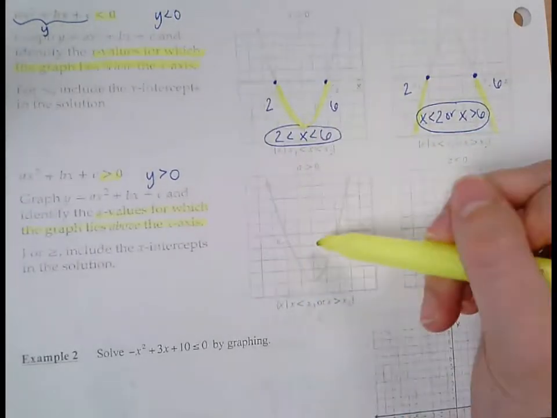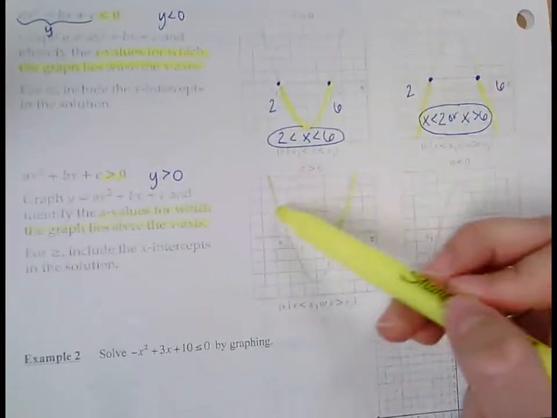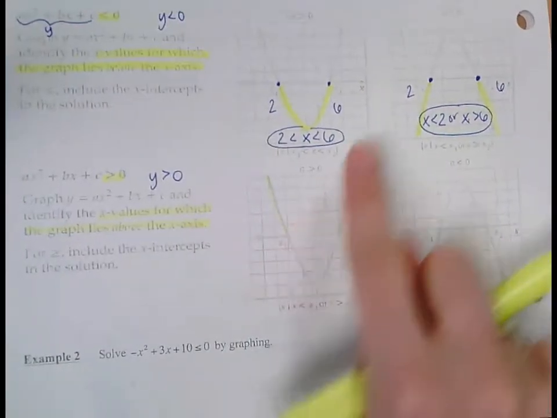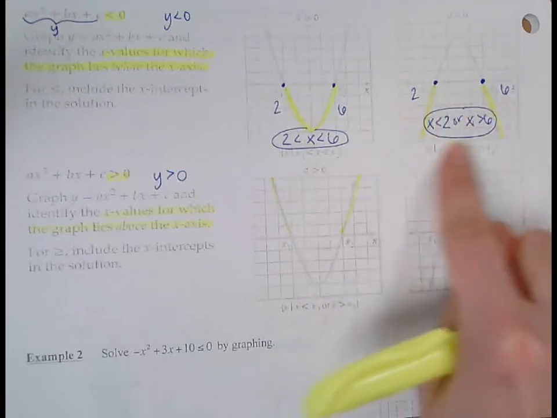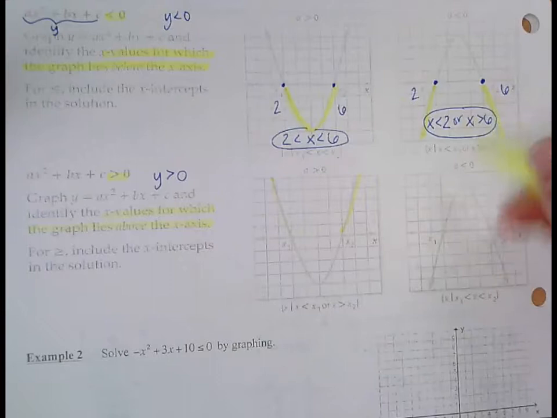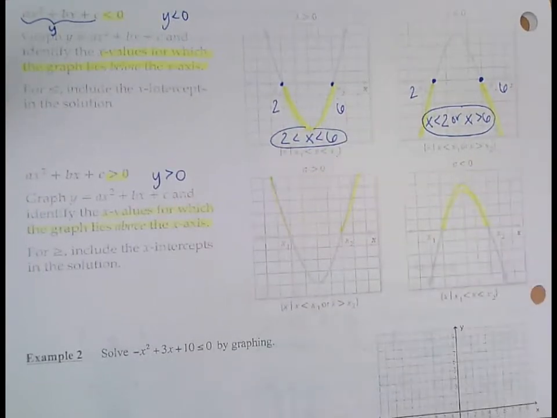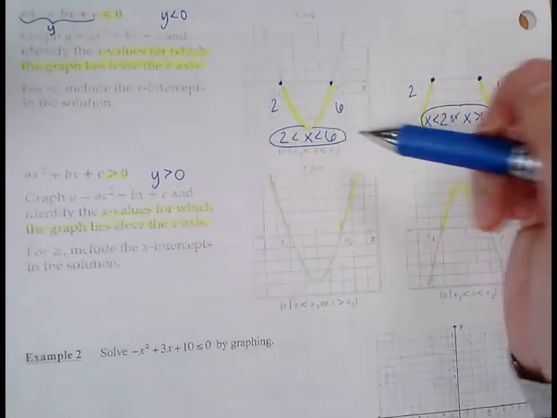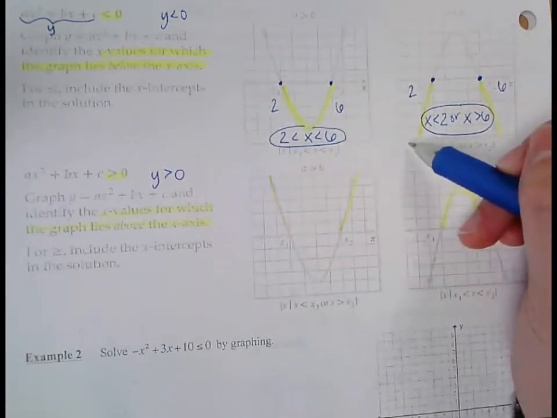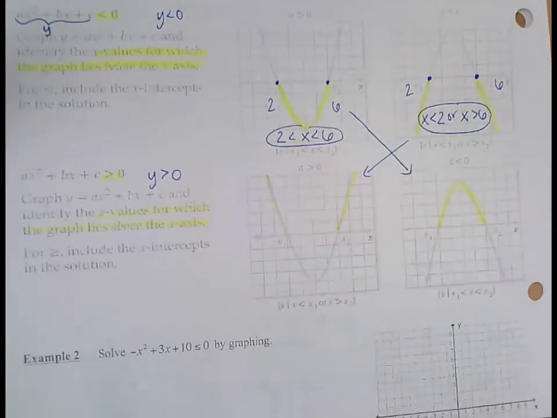So the first one, what's above the x-axis would be the two ends of your graph, so your solution set would match what we had talked about here. And then for the second graph, when it opens down, the part of your graph that's above is the part that's in between, so that would match what the solution set looked like in that first one. So those solution sets would be set up the same way.